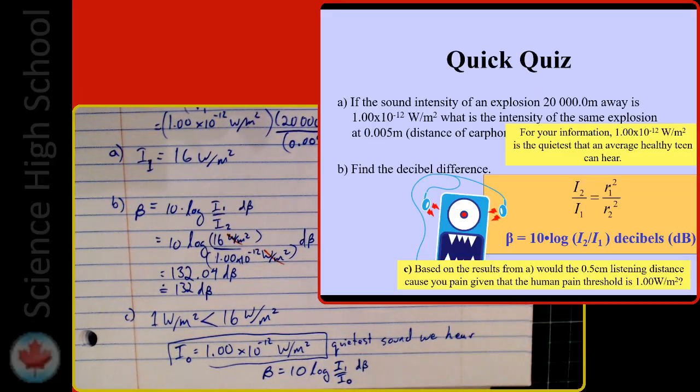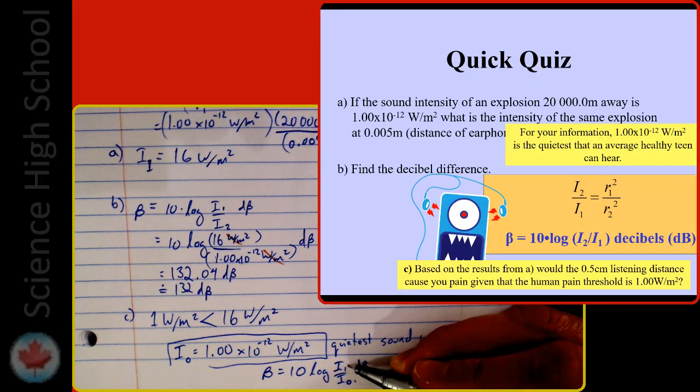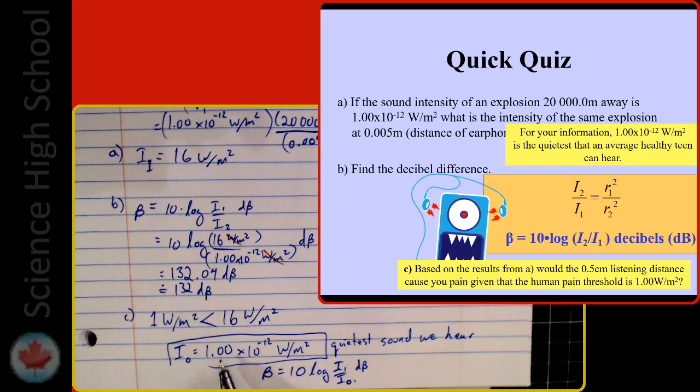decibels. And every time I calculate a standardized decibel, I'm going to use 1 times 10 to the power of negative 12 watts per meter squared in that place right down here in the denominator, that I0 position. So whatever that intensity 1 is, I'm always going to compare it to I0, which is equal to 1 times 10 to the power of negative 12 watts per meter squared for a standard decibel.